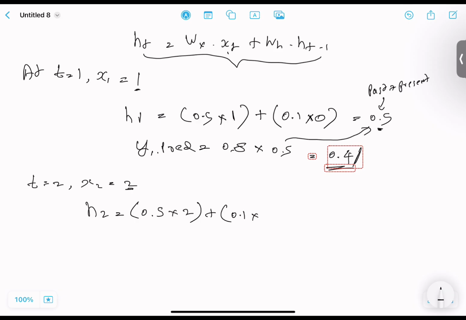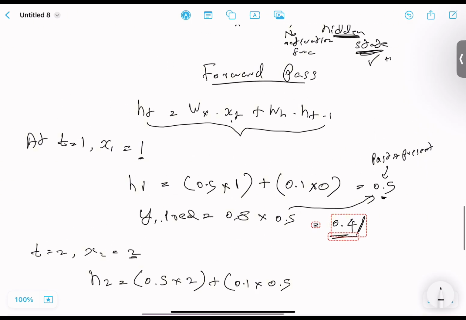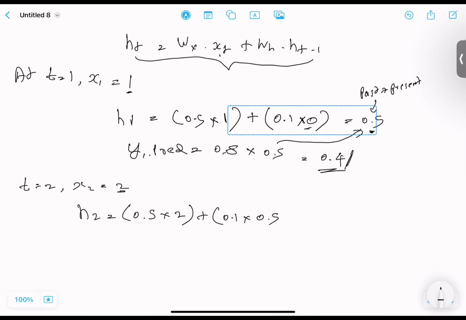Remember, now I multiply by 0.5. Last time we multiplied by 0 because we didn't have any past data, but now we have a variable telling us about past data.